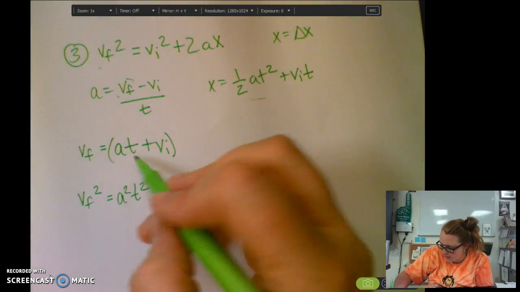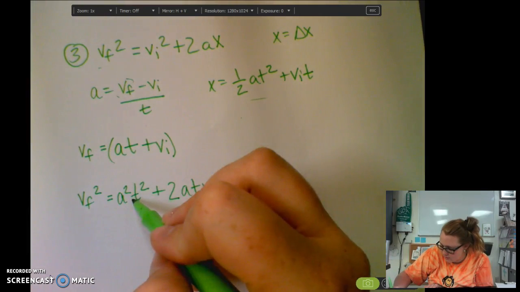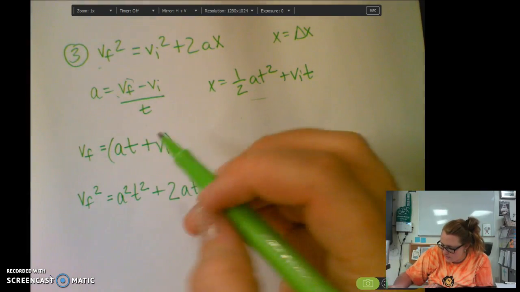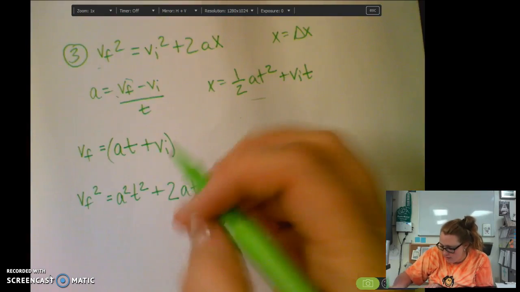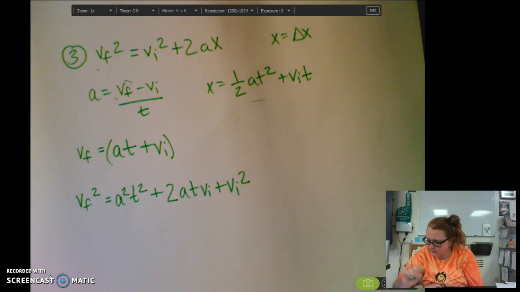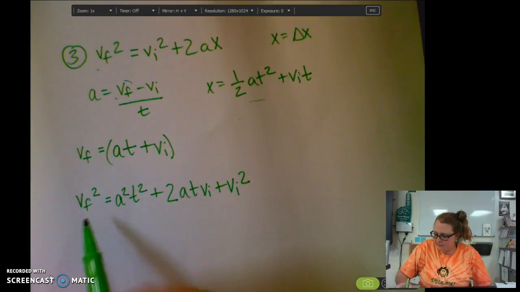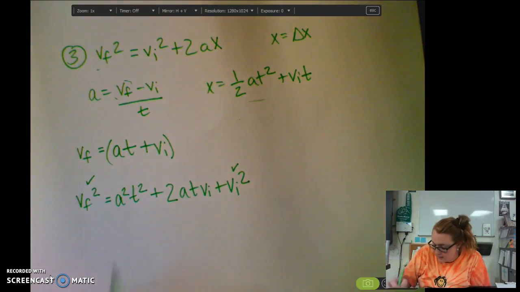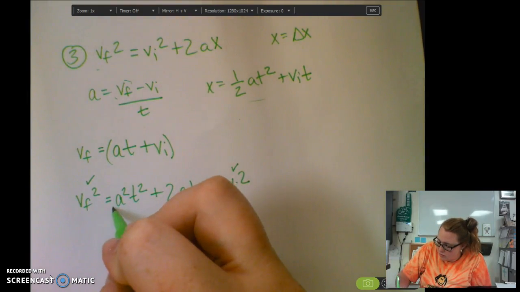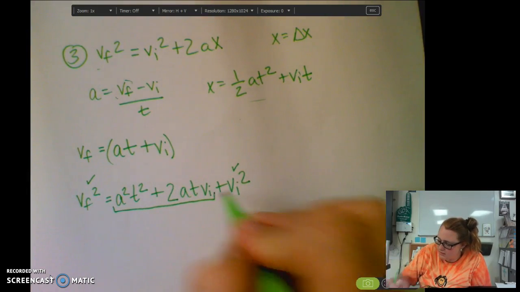I did my first, and then multiply those together twice, and then my last. Now this is good because I have a vf squared here and I have a vi squared here.